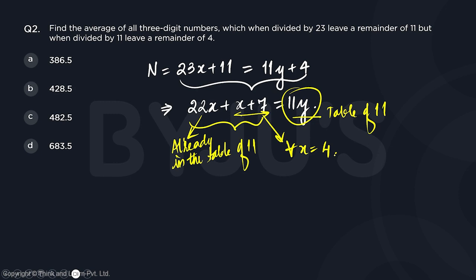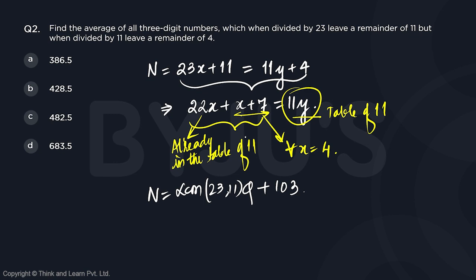So if we put x is equal to 4, we will get n is equal to the LCM of 23 and 11, that will be the eventual quotient into some quotient, plus, if x is equal to 4, we will have 92 plus 11, which gives us 103.